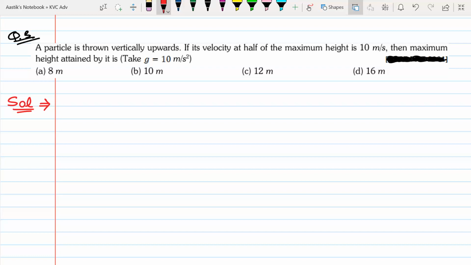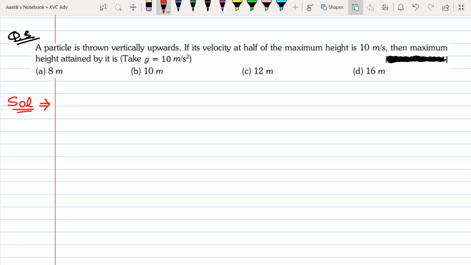I mean 2 into U square by 2G. How did you get that? Since it says half of the maximum height, so we have to take h by 2 equal to... No, that is not the way you should have done this. Since the velocity at half the maximum height is 10, so you multiply it by 2.